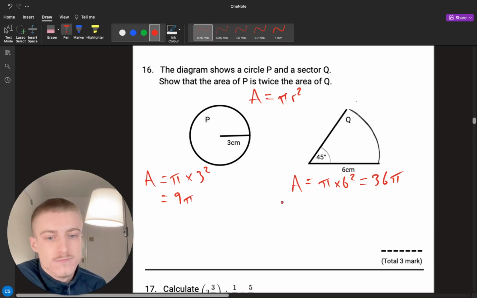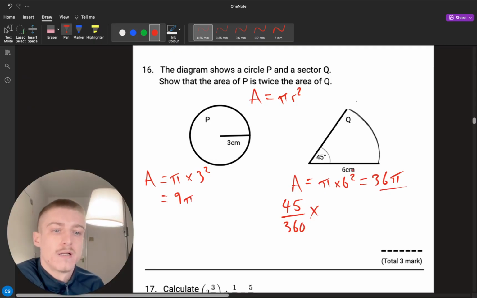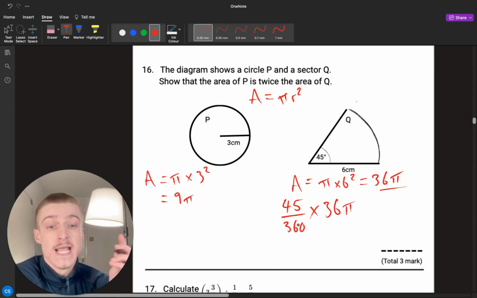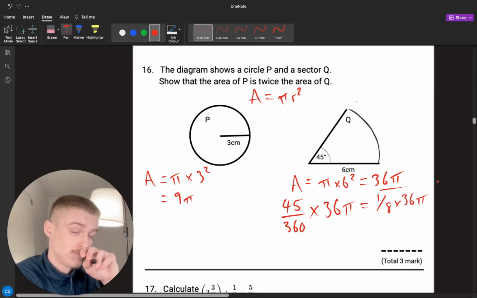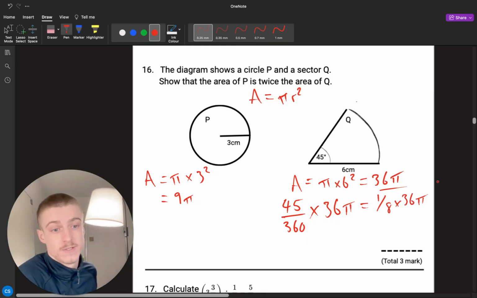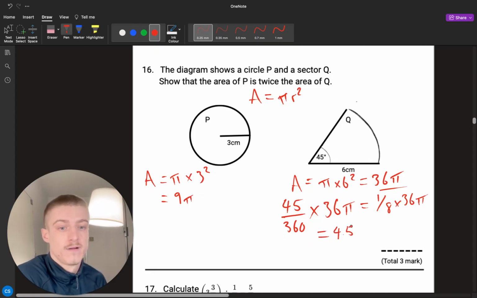So what we do is we find the fraction of this sector to the whole. 45 over 360, and then we multiply that by our calculated area of 36 pi. 8 45s go into 360, so that's 1/8. So this becomes 1 over 8 times 36 pi. The area here is 4.5 pi.